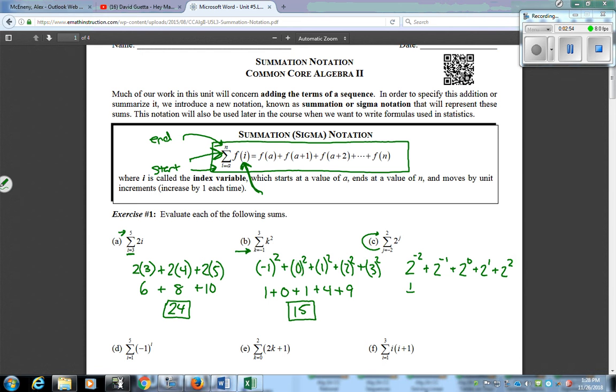So I'd get 1/4, 1/2, 1, 2, and 4. So if I was to input these all in, it ends up being 7.75, which I could write as that, or you might see it as 27/4. Either one of those could work as an answer because both of them are the same value.